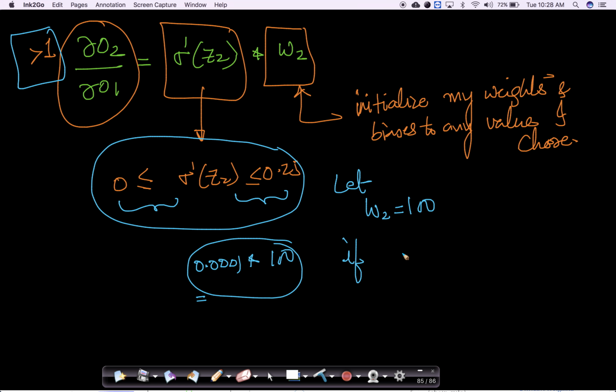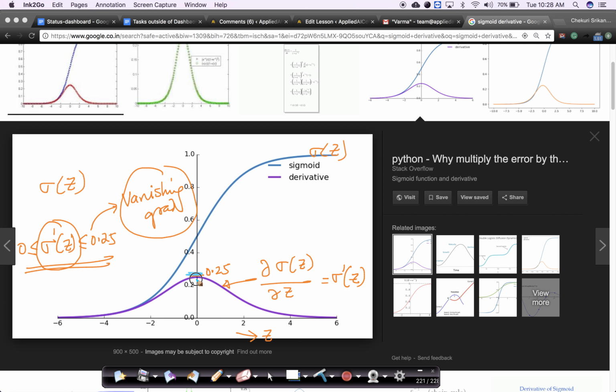If I assign my B2, because what is Z2? Remember, let's not forget the equation for Z2. My Z2 is equal to W2O1 plus B2. That's what my Z2 is, right? And this maxima, this 0.25 value will occur when Z equals 0.